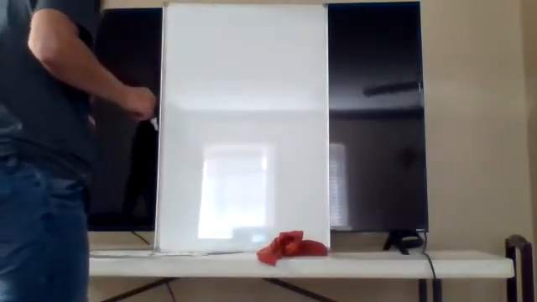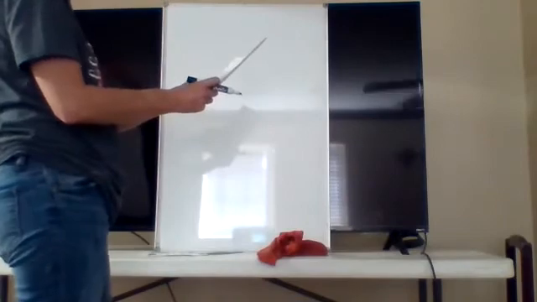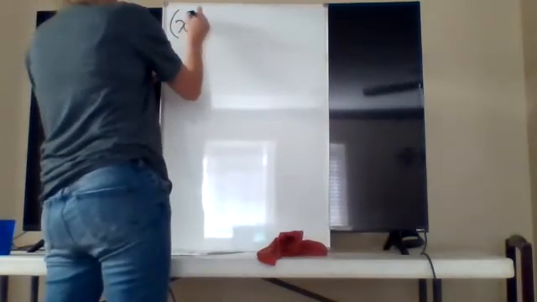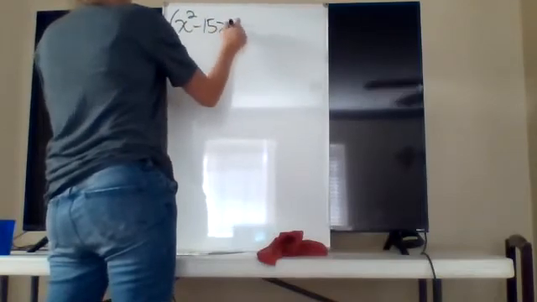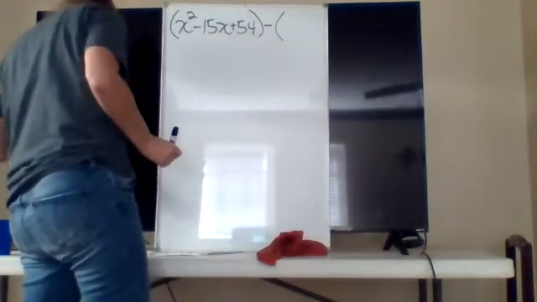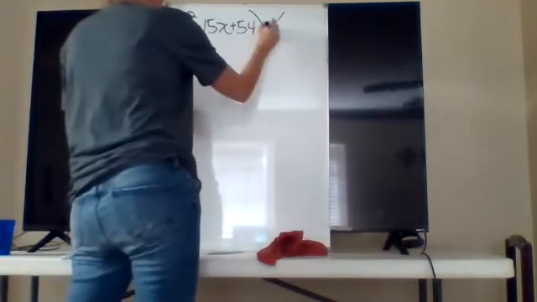All right, number 3. It's written different. You have x squared minus 15x plus 54 divided by x minus 9.